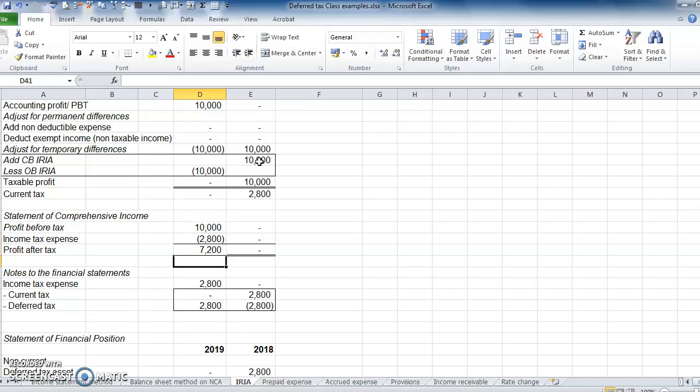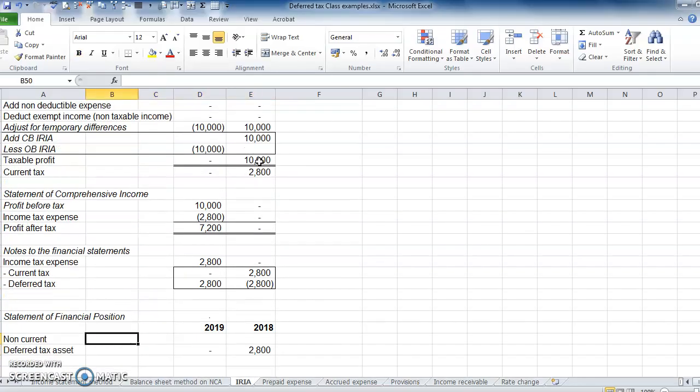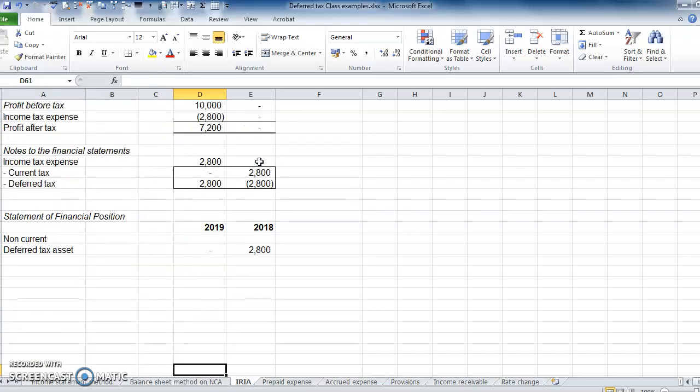Then our current tax for 2019 is 0, and the deferred tax adjustment that we made was 2,800. We increase our tax expense there, so our total tax expense is 2,800.